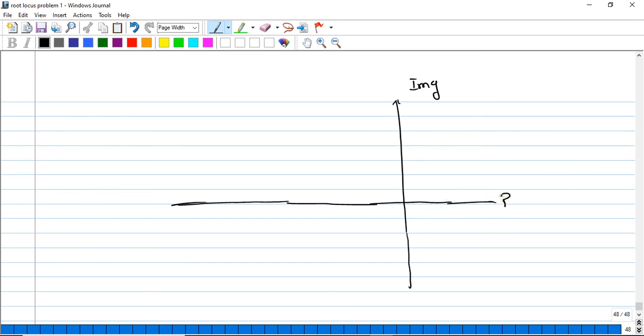Okay, I will represent that one also, real axis, and we have a zero at the origin and one more zero at minus 2, and these are the two particular poles. Okay, 1 2 3 4, 1 2 3 4, yes, here. Okay, this particular pole is minus 1 plus j, and this is minus 1 minus j. So this is done, and for us, let us start.